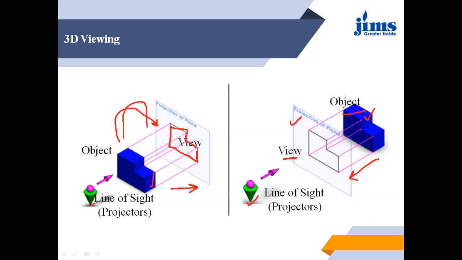When there is a projection point or viewer, the image of that object can be on both sides. So this is about how an image can be formed on a 2D plane, meaning it can be on the front side or in the back.